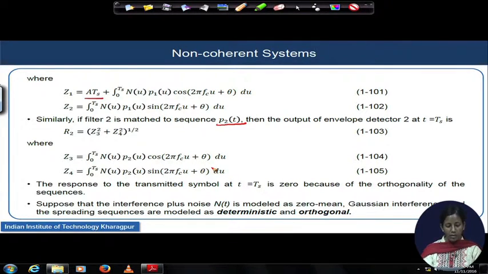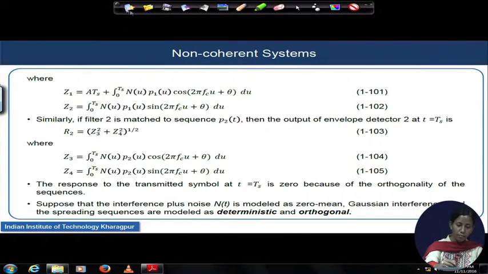Actually, the response to the transmitted symbol at t equal to Ts will typically be 0 because of the orthogonality of the sequences. Suppose the interference plus noise is modeled as zero-mean Gaussian interference, and the spreading sequences are modeled as deterministic and orthogonal.